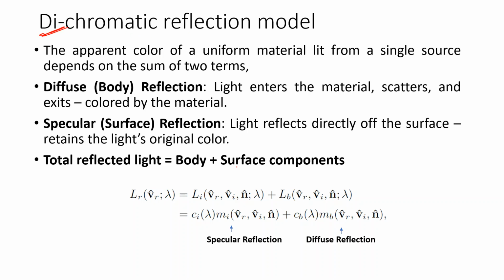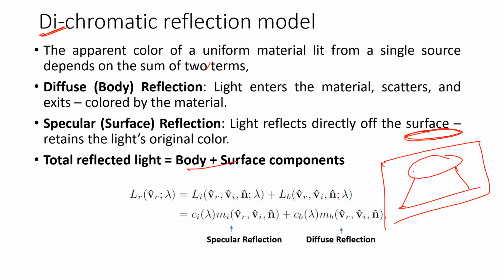Then the dichromatic reflection model. The reflection model is a combination of body plus surface components. So assume we have a table and a light is fixed above the table. Whenever we focus on this table, assume the table is brown in color and the light is yellow with white, yellow plus white color.